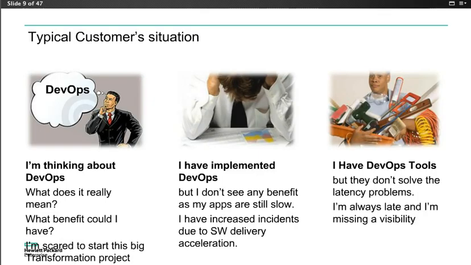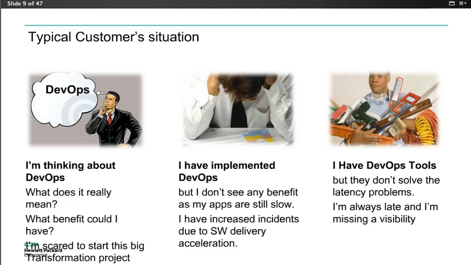The other situation that I would like to share with you is what the typical situations are when we have a chance to talk with a customer about DevOps. The first example is that the customer knows about DevOps and knows the benefits of DevOps, but I would formulate it as being scared about what this transformation project can bring and maybe damage.